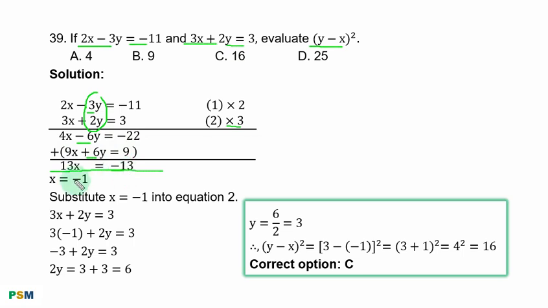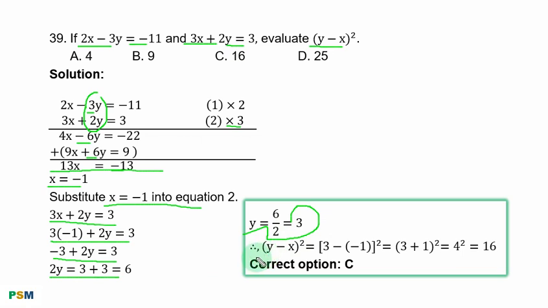Divide both sides by 13, s becomes minus 1. To get y, you replace s with minus 1 in any of the equations. I'm using equation 2. You replace s with minus 1. You multiply. You collect like terms. Divide both sides by 2 in order to get y, and y is equal to 3.